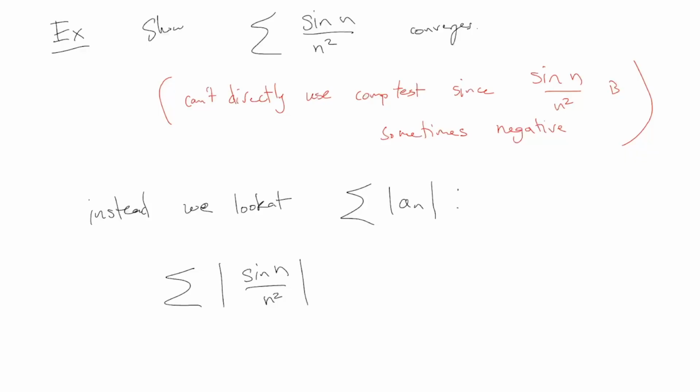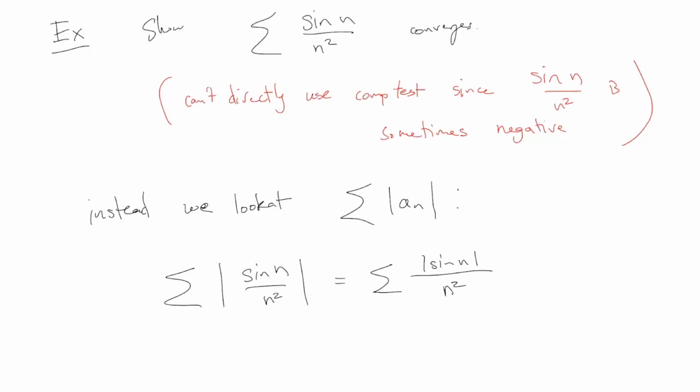Now the absolute values don't really simplify much. The absolute value of a fraction is the same as the absolute value on the top divided by the absolute value on the bottom. And actually, n squared is already positive, so the absolute value can be thrown away on the bottom.